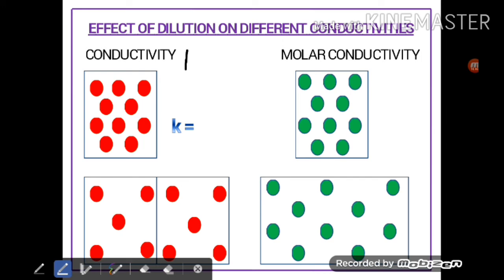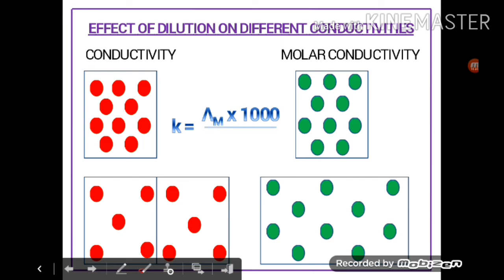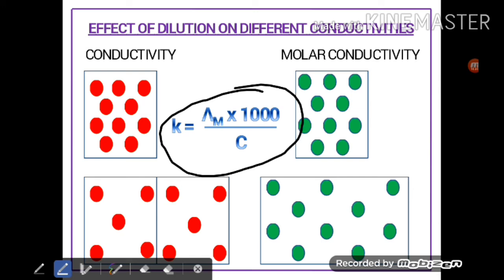So what is the relation? The relation is kappa equals lambda m into 1000 divided by C, where C is the molar concentration of the solution, mole per liter. By using this formula we will try to solve some numericals.